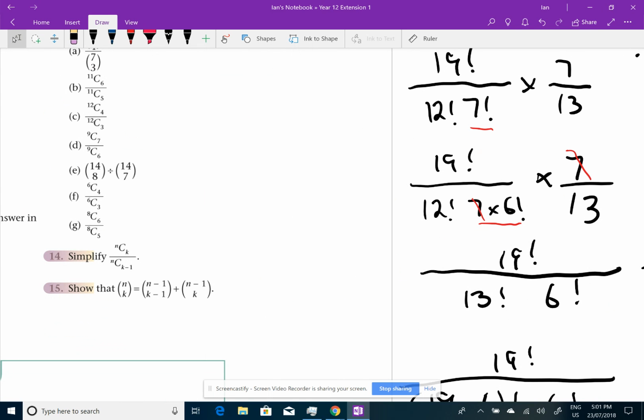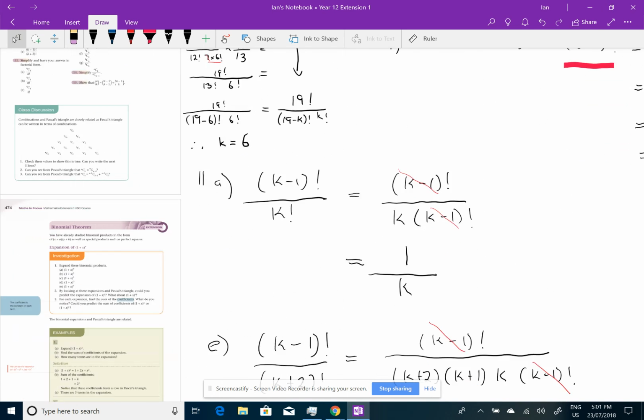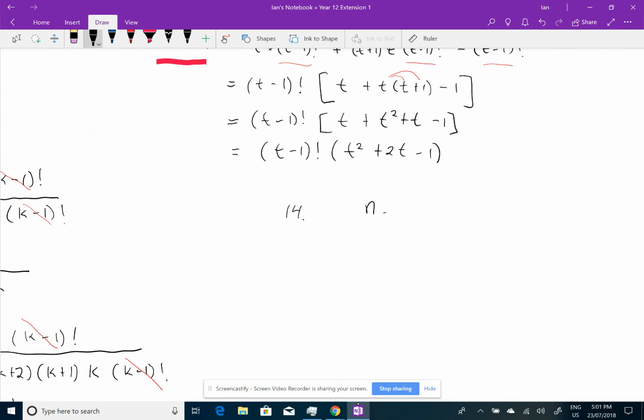Simplify nCk on nCk minus 1. All right. So nCk on nCk minus 1.